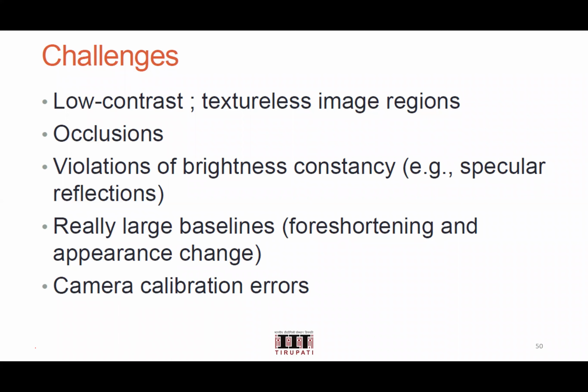Occlusions: detecting which part got occluded and which part is common across is a very big challenge. There is a huge amount of literature on occlusions, and that's a very critical problem to be addressed. Then there are specular reflections, which cause inconsistencies across the two images. That is still a challenging problem.